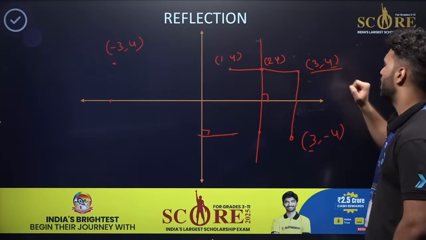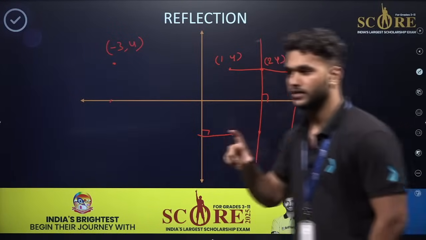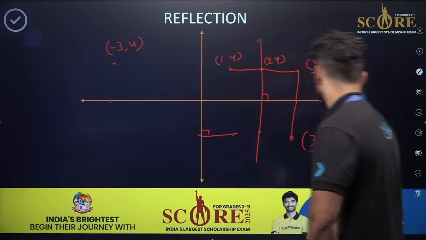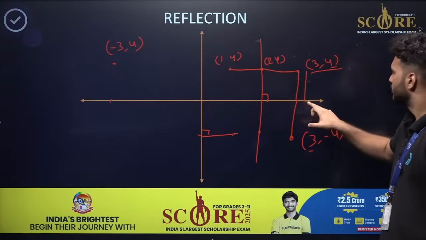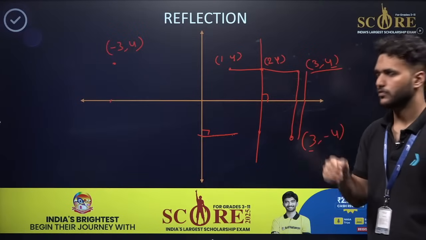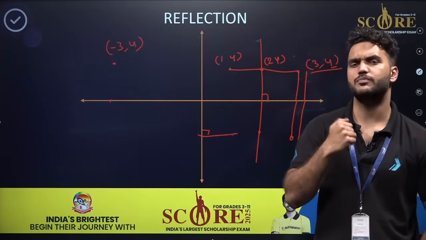What about the y coordinate? This will change. And how much will it change? Okay, Shubham. What is this distance? Sir, 4. Then what should be this distance? Sir, 4. If I am going downward from x-axis, perpendicular to x-axis, what will happen with my y coordinate?